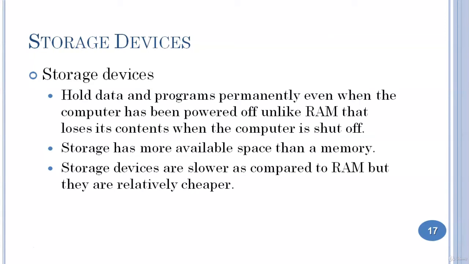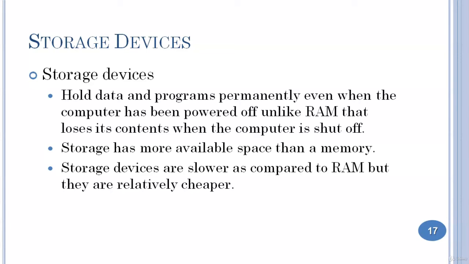Now let's discuss what are storage devices. Storage devices hold the data and the programs permanently even when the computer has been powered off, unlike RAM, which is volatile and loses its contents when the computer is shut off.